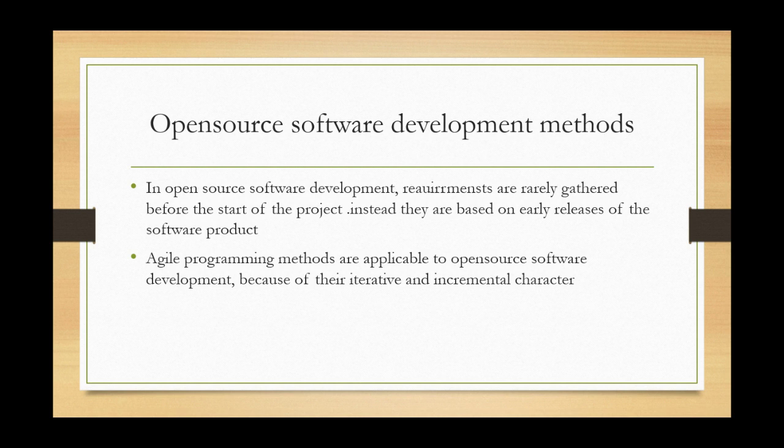This kind of method advocates frequent releases in short development cycles. It is also intended to improve productivity, and it introduces what we call checkpoints at which new customer requirements can be adopted. So agile methods are very important, especially extreme programming.